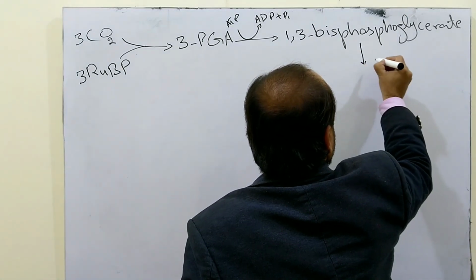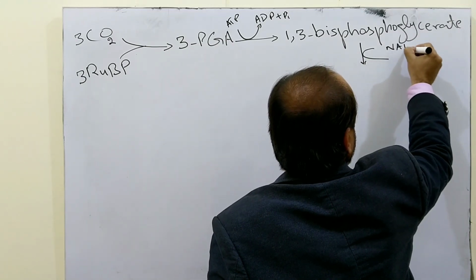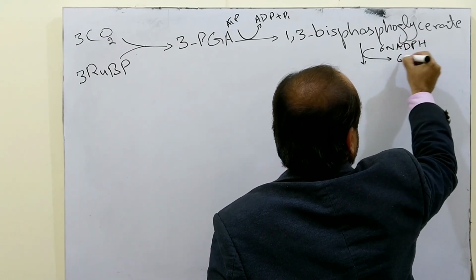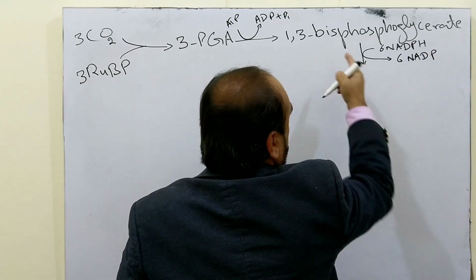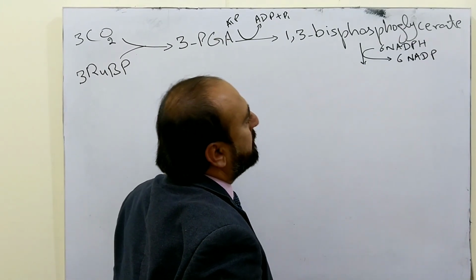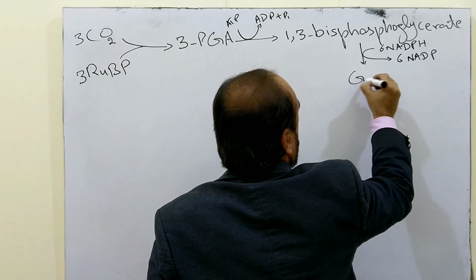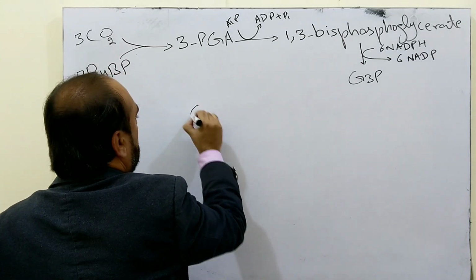In the next step, using 6 NADPH of light reaction, 1,3-bisphosphoglycerate is reduced to glyceraldehyde 3-phosphate, or what we call as G3P.